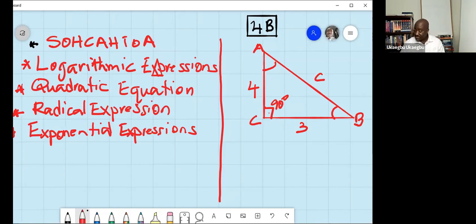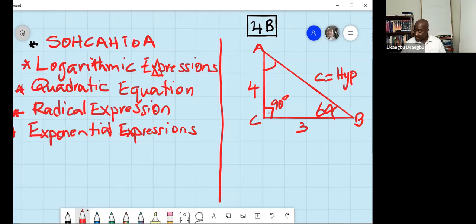That longest side is facing the 90-degree angle, and it has another name, the hypotenuse. Then the one that is facing the given angle, granted that this is 60 degrees. I'm just making up a number.